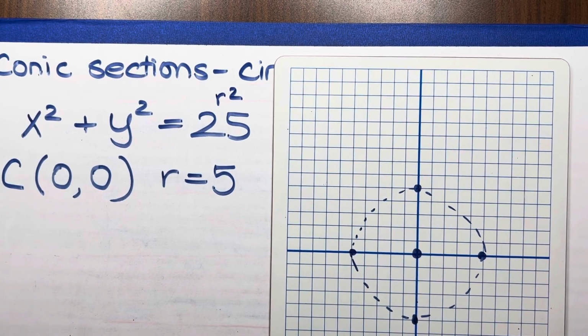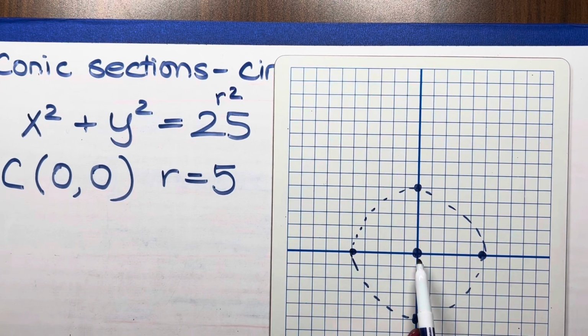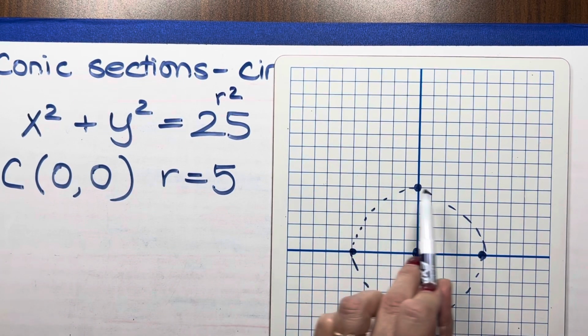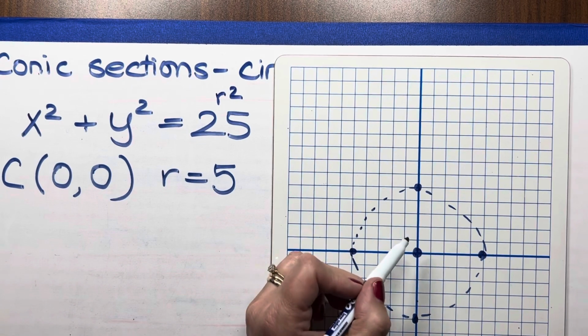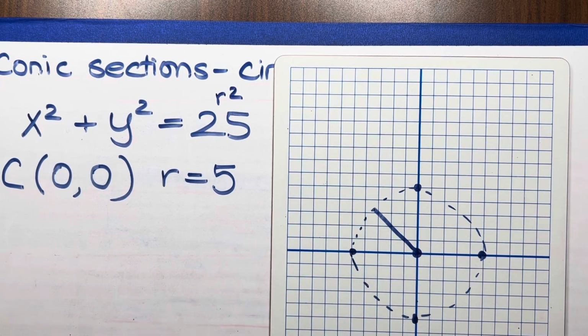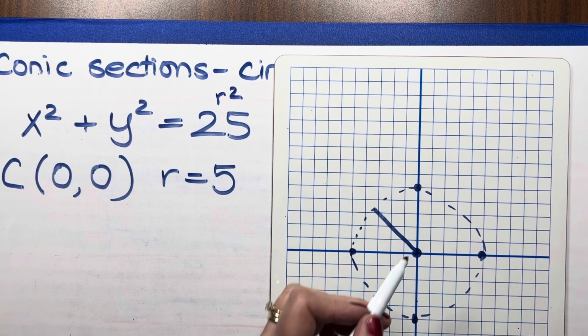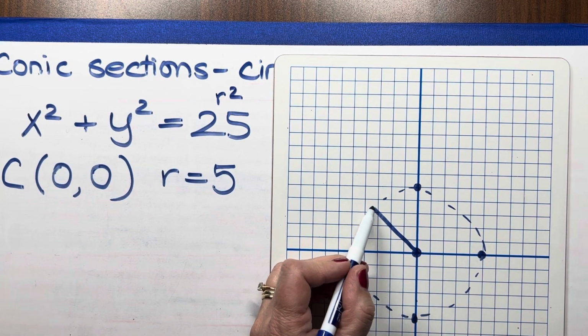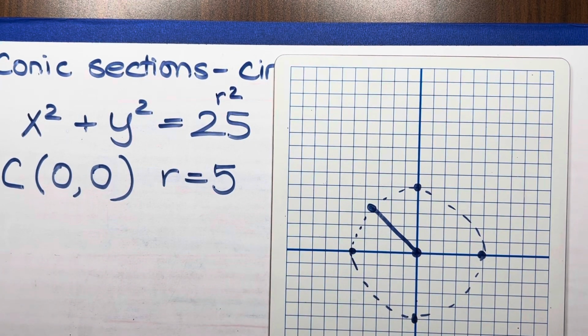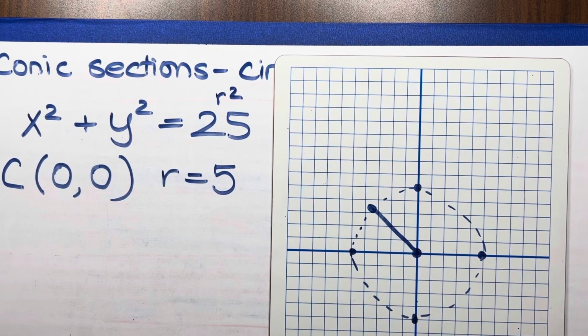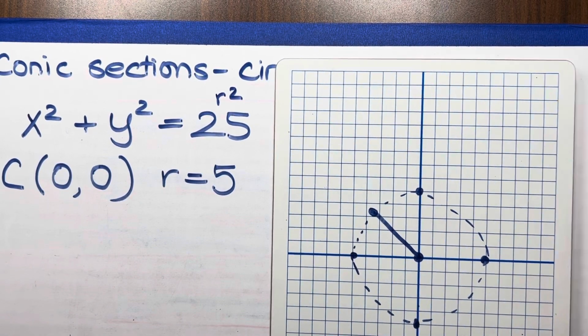So this is how I would graph this equation. Here's my center at 0, 0. My radius is 5. So any radius that I draw in, now I can do the ones that are kind of the diagonals. Like this should also be 5 because I have the sketch in there. So that one's pretty straightforward to do.